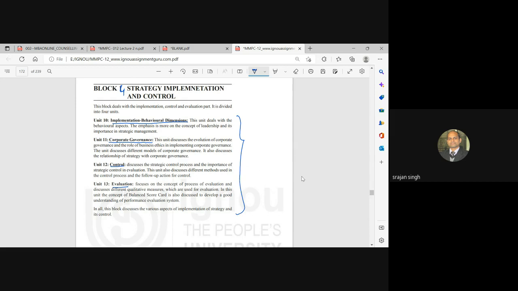So I'll try to cover block 3 and unit 10 of block 4 in the next lecture, and in the last lecture we shall be discussing corporate governance and evaluation. So the 3 units of block 3, and this last unit of block 4.